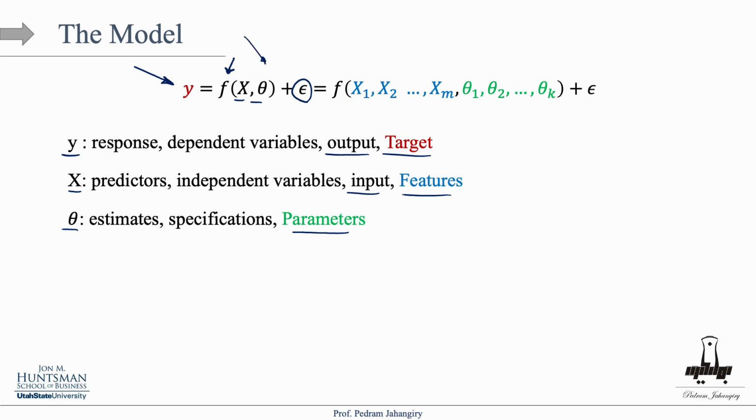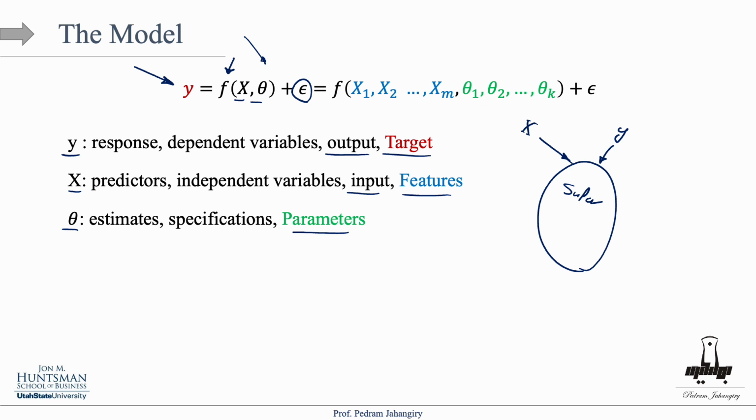Okay. So let's see, in supervised learning models, what are we talking about? Remember, if this is my supervised model, then I have some inputs. It's a vector of features, and we have outputs as well. So both the inputs and outputs are given.